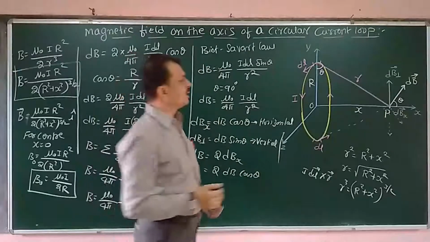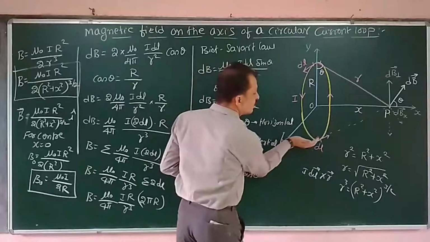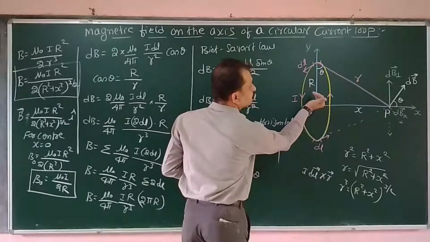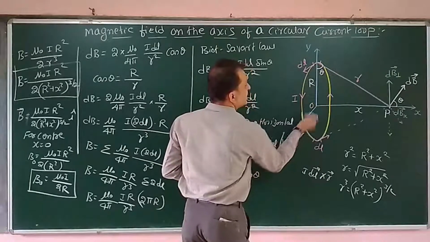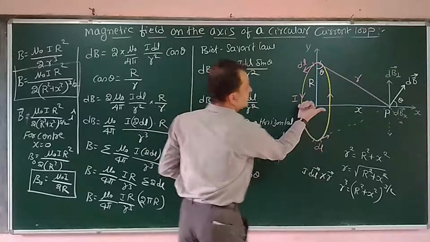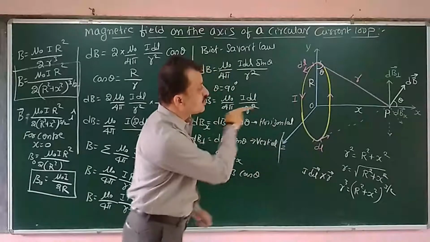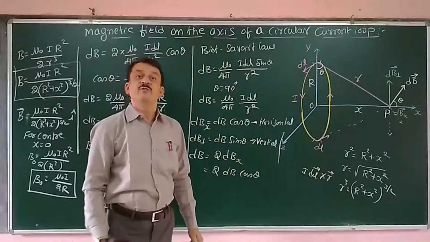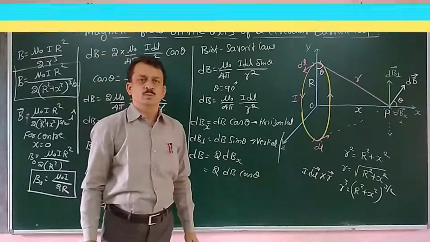The meaning is very simple. We have a current loop like this. If you curl your right hand palm such that all the fingers point in the direction of the current, then the extended thumb indicates the direction of the total magnetic field due to the circular loop.